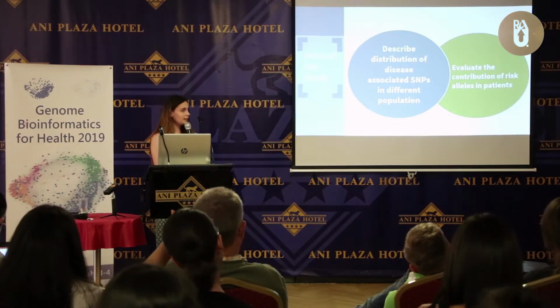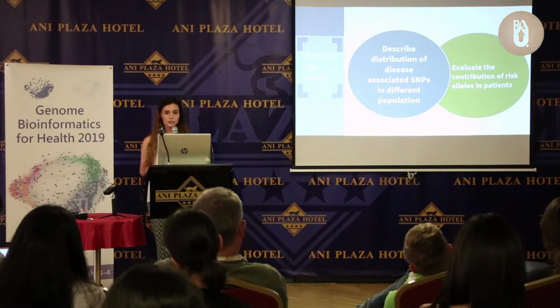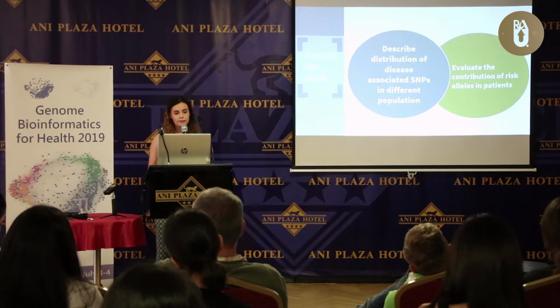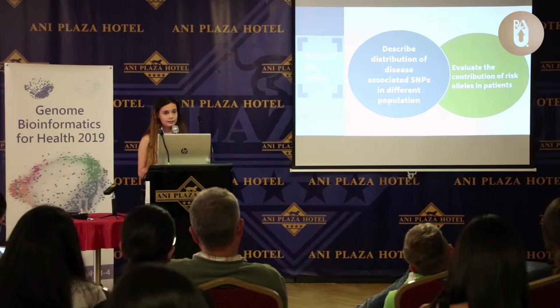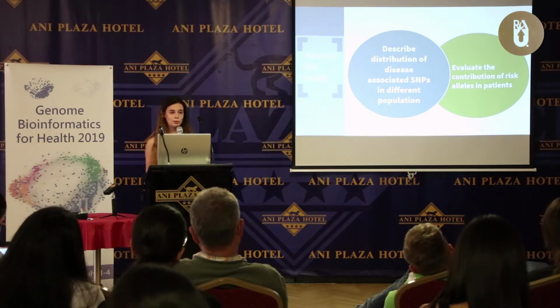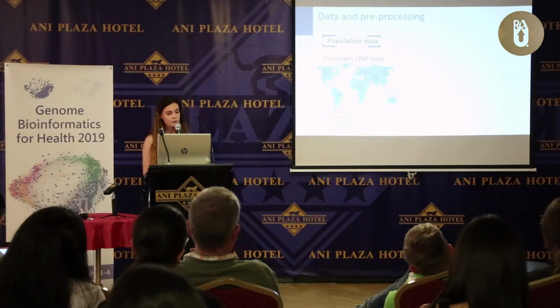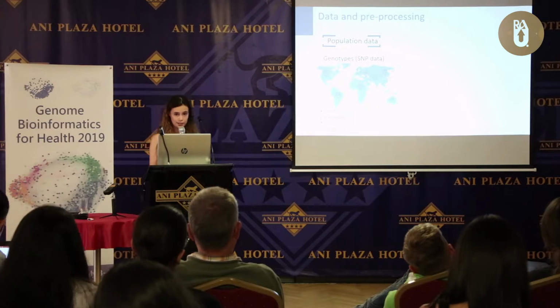So taking into account this issue, in this study we have decided to describe the whole set of disease-associated SNPs in different populations, and then evaluate the contribution of risk alleles in the patients, taking into consideration the population belongingness of those individuals. For that purpose, we have used publicly available data. The genotype data for people from 51 populations were taken from the Human Genome Diversity Project.